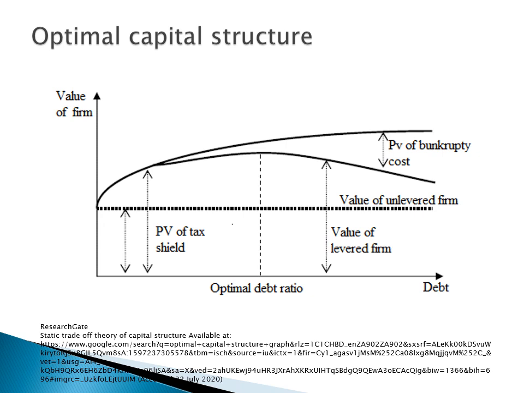The top line is the value of the company, so we need to penalize the value of the company by imposing the additional bankruptcy costs, and that pushes the value of the company down as we incur more and more debt as a portion of our capital structure.